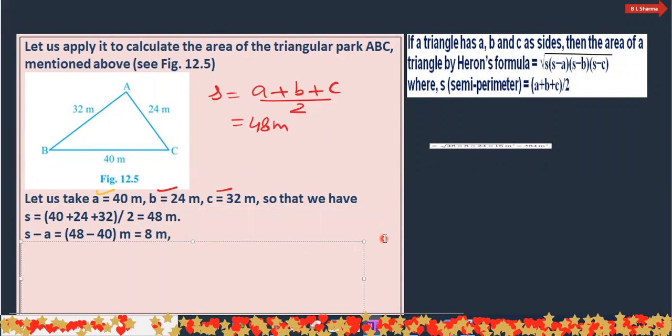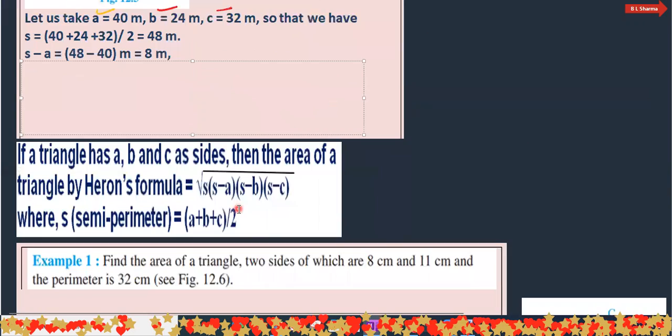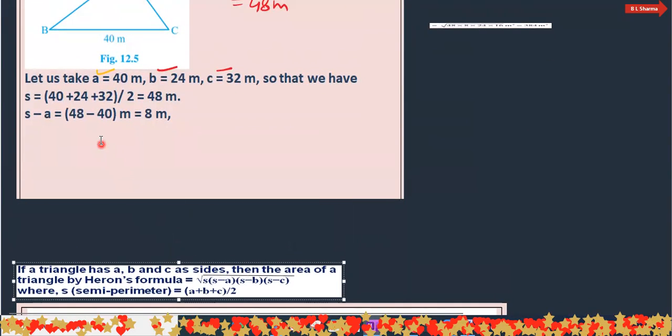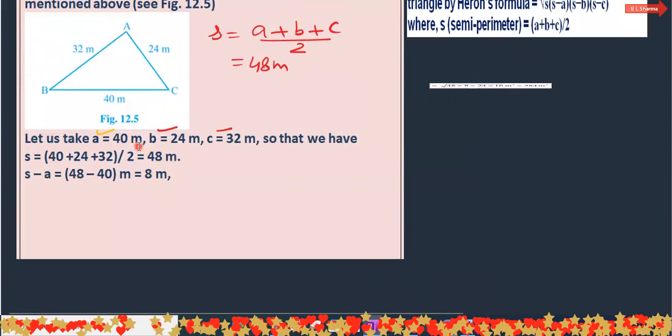So what is S minus A? A is 40 and S is 48. So 48 minus 40, that is 8 meter.